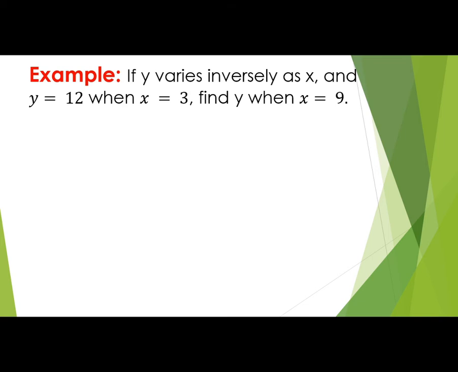If y varies inversely as x, and y is equal to 12 when x is 3, find y when x is 9. So, solution, we write the correct equation, which is the word inverse. So, y varies inversely as x.